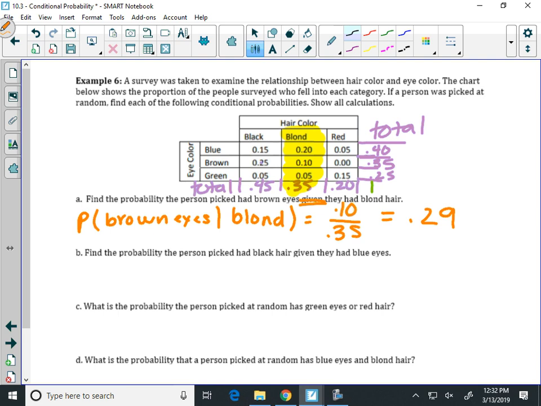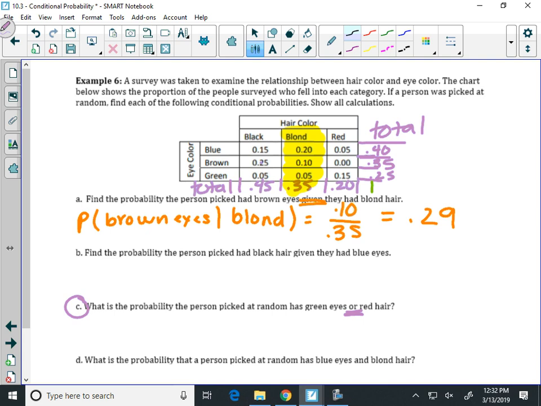I feel like we're doing pretty good with conditional, so let's take a look at C. B is just like A. So you're saying, what is the probability the person picked at random has green eyes or red hair? Is this a conditional probability? The word given there? No. Your trigger word for this problem is the word or.